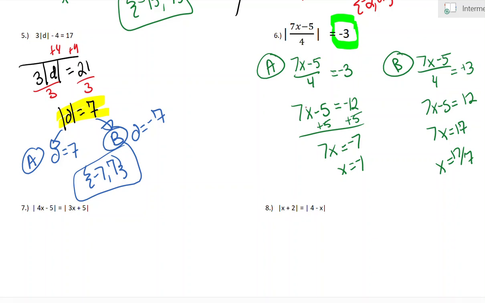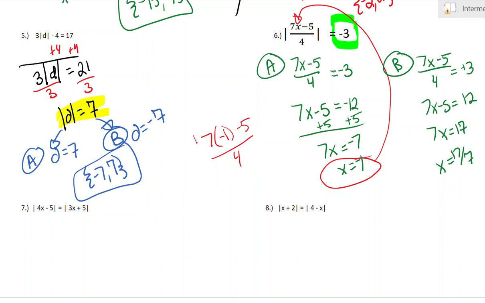Now, if we take this and we plug it in, we're going to get the absolute value of 7 times negative 1 minus 5 over 4. And then we get negative 7 minus 5 over 4, which gives us absolute value of negative 12 over 4, which is the absolute value of negative 3.